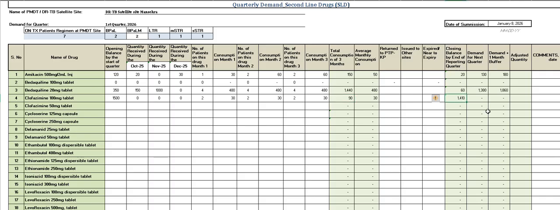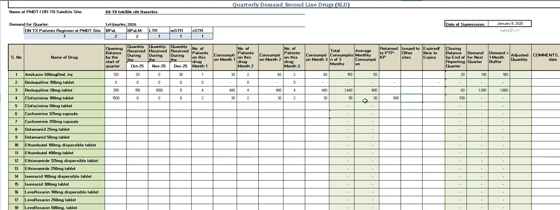So you can return 1290 tablets or less to PTPKP, which is extra stock with you. So let's consider that you are sending back 900 tablets to PTPKP. This becomes 510. This is again more than the 120 tablets you require.